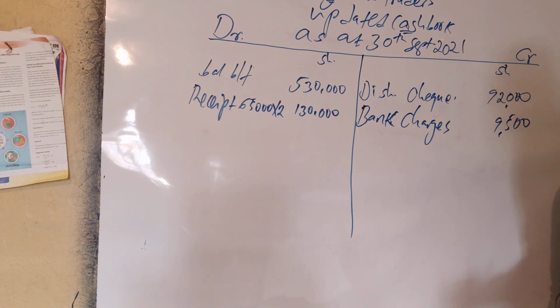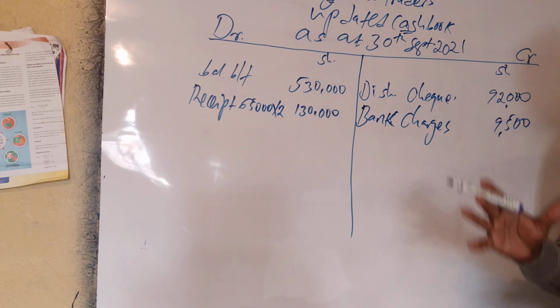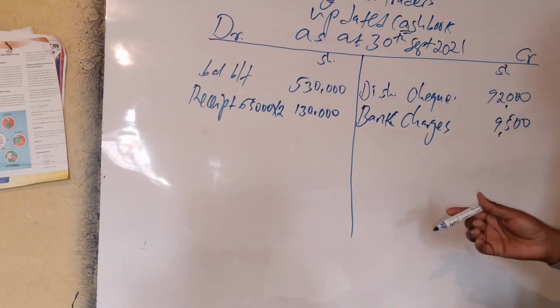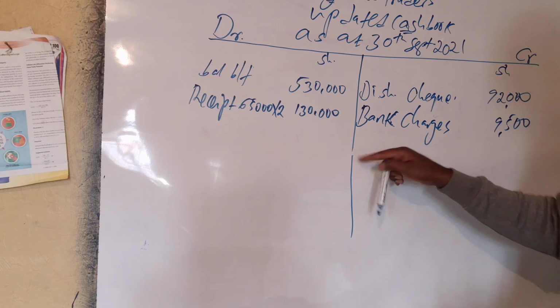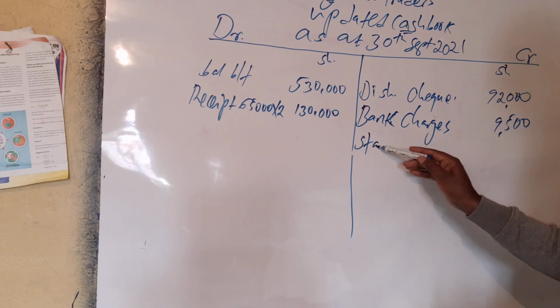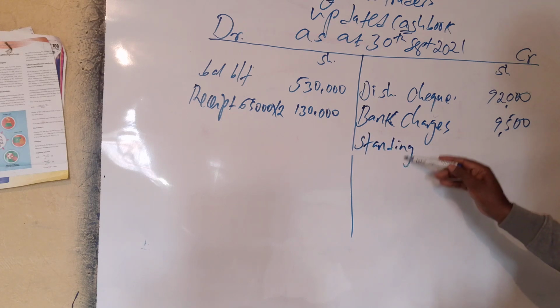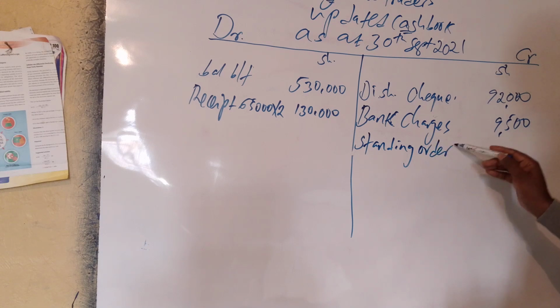Number 5, we have a standing order for rent of 230 that was effected in the bank as per the bank statement, but was not recorded in the cash book. So we come here, standing order. Standing order reduces your money. Why?